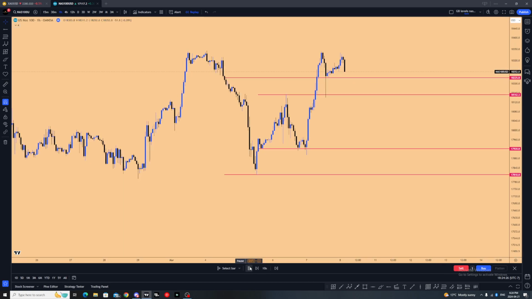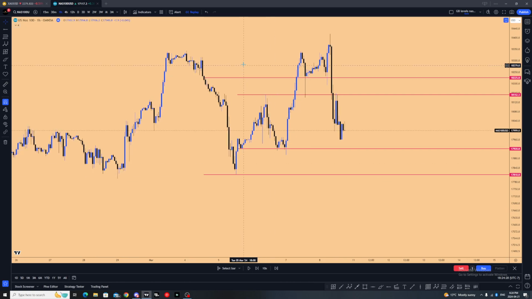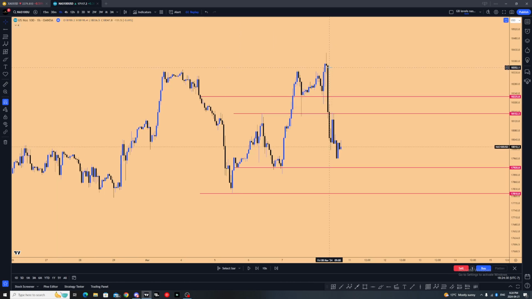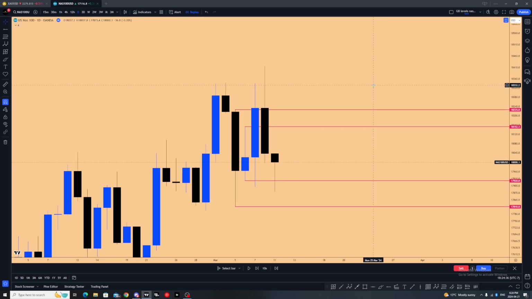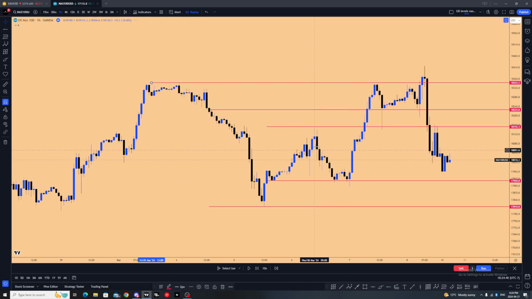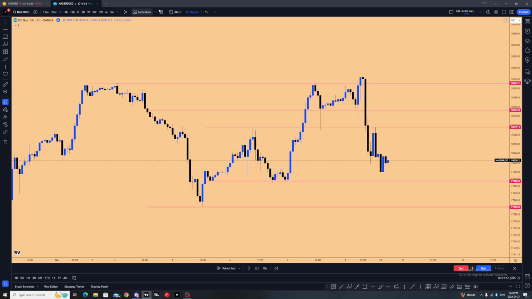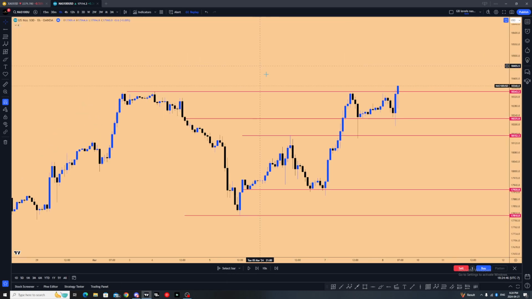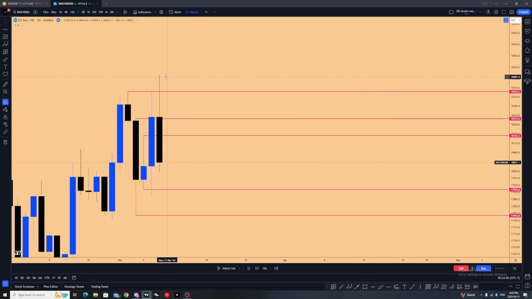I just don't know if they're going to do it the next day. For example, when this thing happened, let me go back. Let's say we were dealing with this inside daily candle, right?